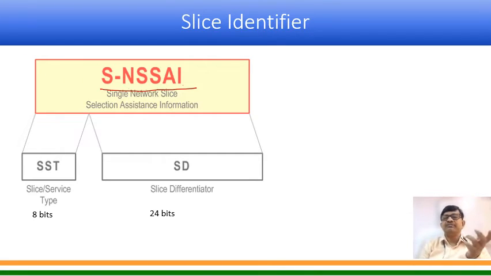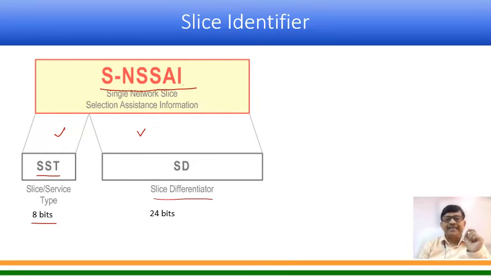It is some sort of a number, maybe slice 1, slice 2, in layman language. It has two parts. The first part is SST, slice or service type. For example, eMBB is one service. This is 8-bit information.